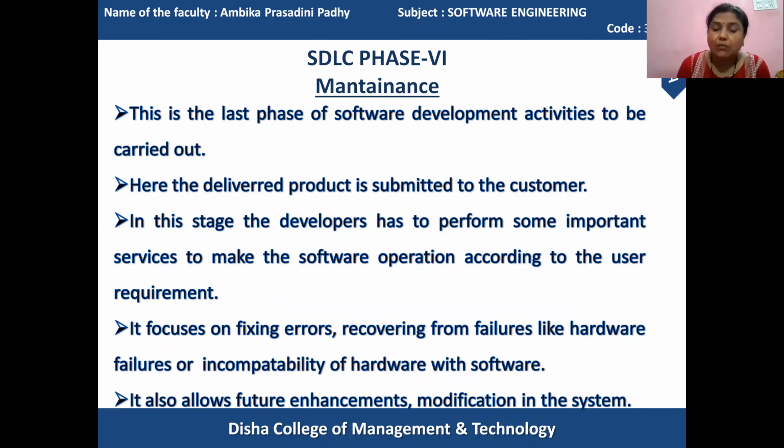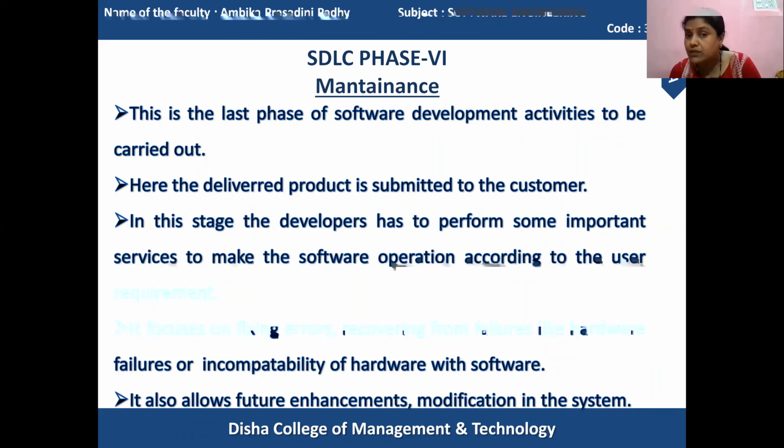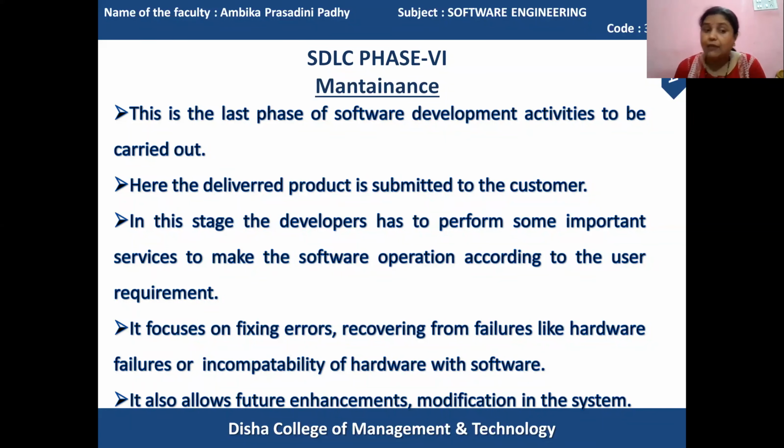In software maintenance operations, you can think about fixing errors while the system is being used and recovering from failures like hardware or software failures due to incompatibility problems. If any future enhancements, modifications or changes are required, those can be accommodated in the maintenance part.